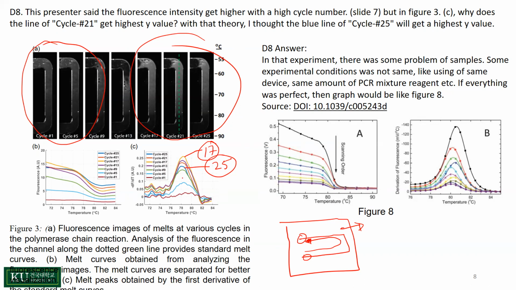I presented the same plotting from another paper, which has the same fluorescence changes as this. They are similar, both of them, and the orientation of each curve is also similar. This is higher fluorescence, and this is higher fluorescence here. So I think they made some mistakes in the initial condition.